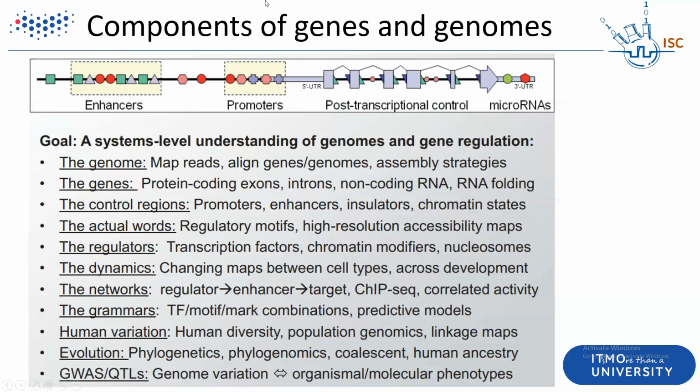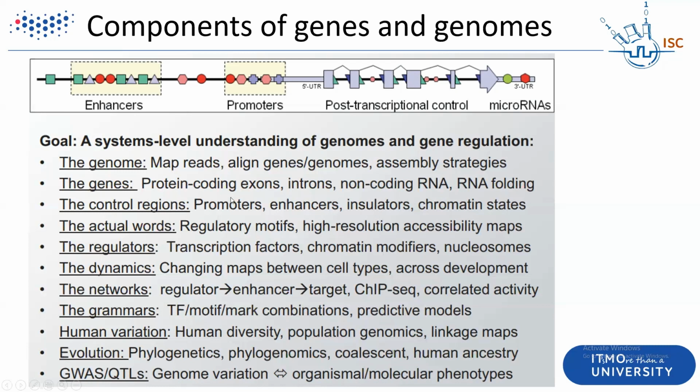And here you have some information on genomes, like we have different genome maps. We have to align genes and genomes. We have to assemble different fragments in order to get the information on the genome. So it's more like sequencing.